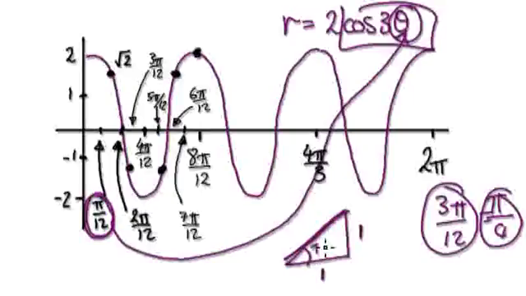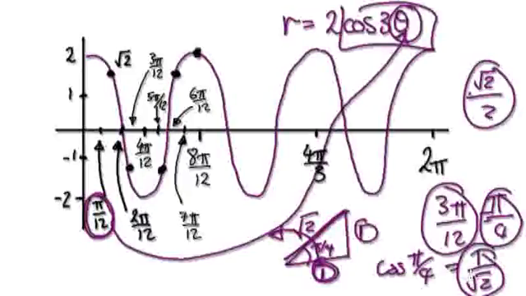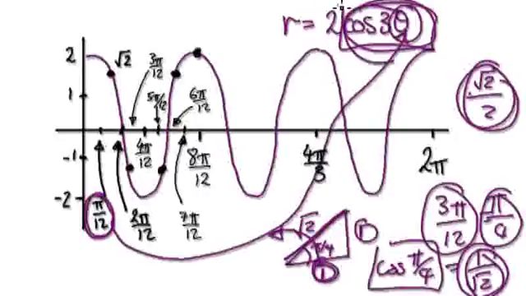If this is 1 and this is 1, then this must be square root of 2. So cos of pi over 4 is 1 over root 2. Another way of looking at this is times top and bottom by square root of 2, which gives you root 2 over 2. There are two ways of looking at pi over 4. When you times 2, it will just give you the square root of 2. That's why when it's pi over 12, it will give you square root of 2.